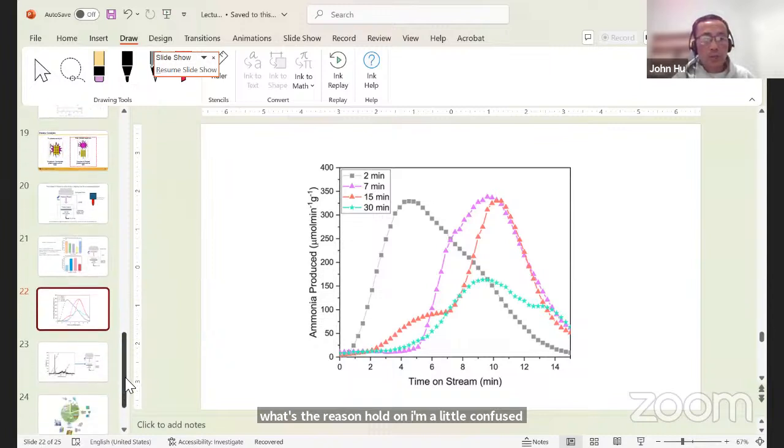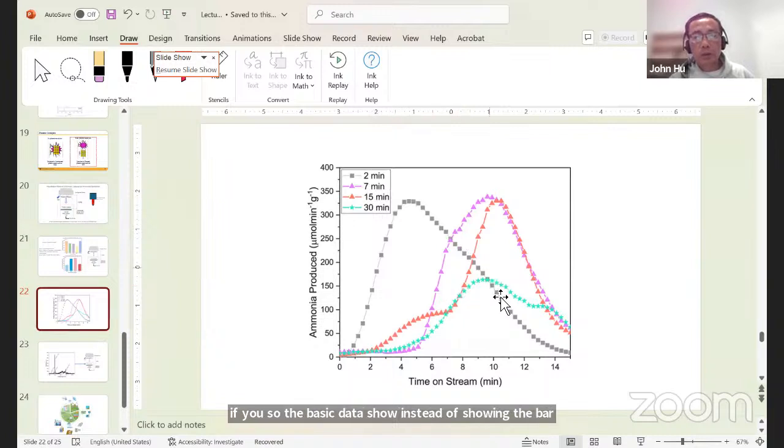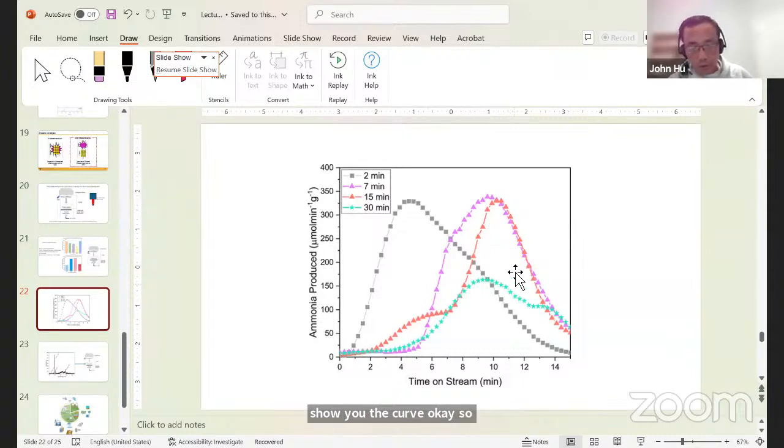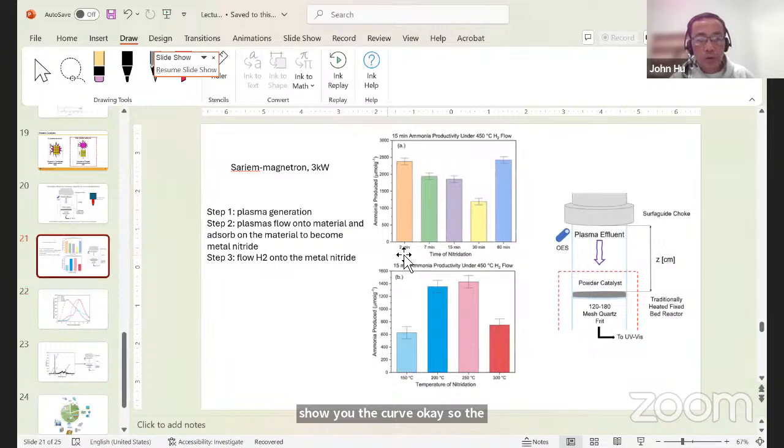So this is also step 2. Basically, instead of showing you the bar chart, we show you the curve. This curve is equivalent to that, but that was just the individual 2 minutes, the average.